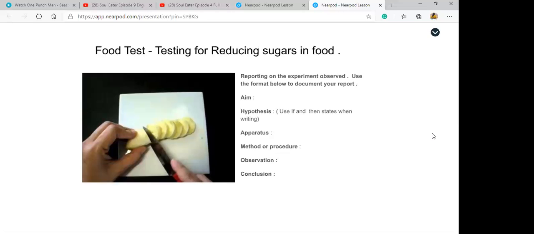Now the apparatus. Do you know what I mean by apparatus? The apparatus is like the equipment or the instruments used.